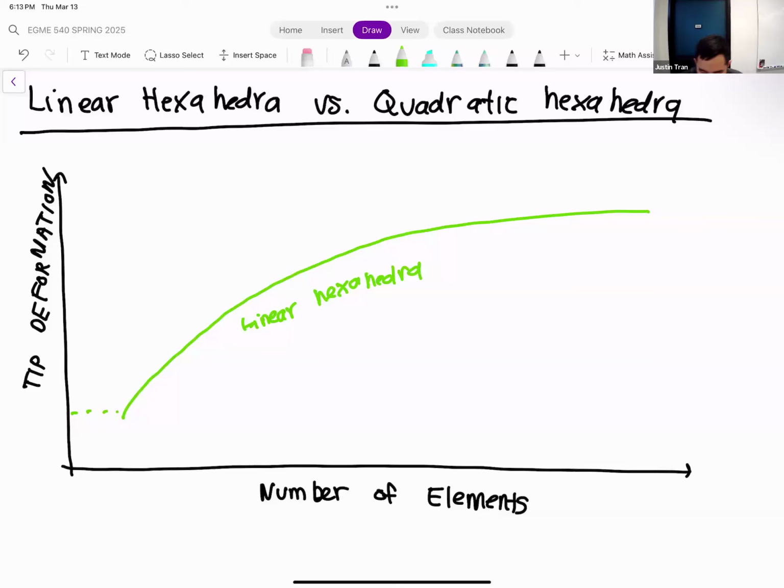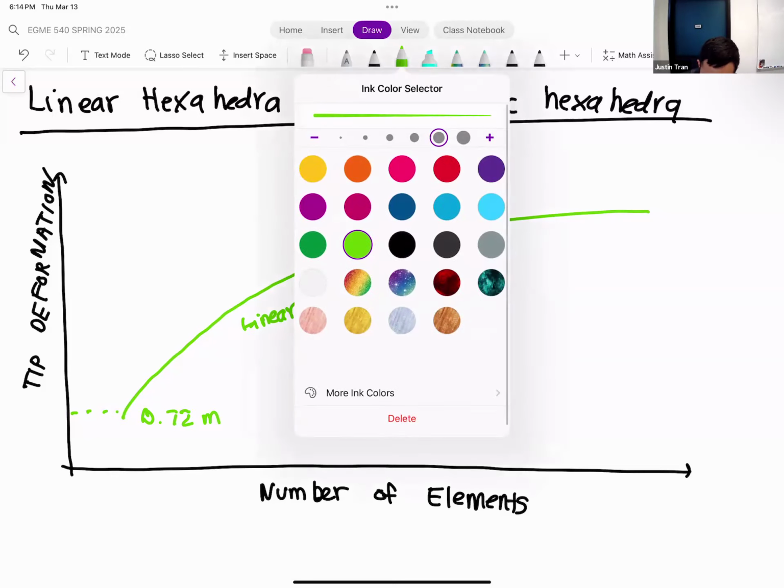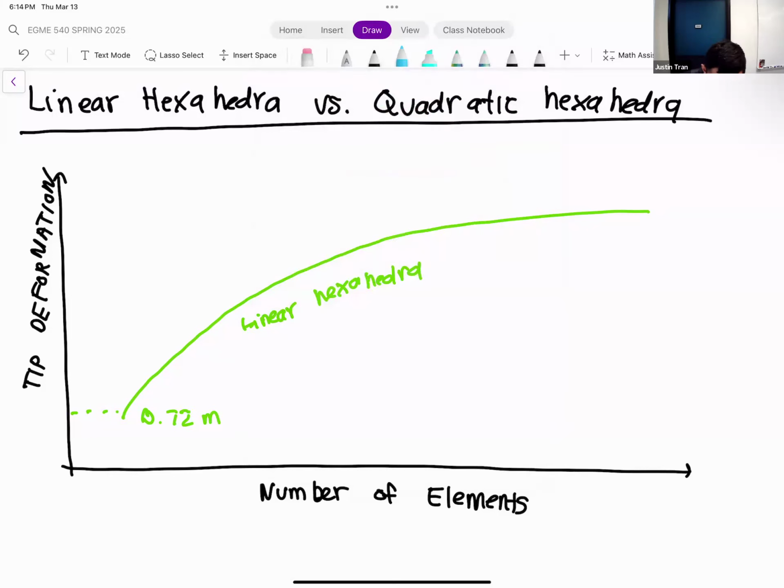And so the starting point for the linear hexahedra is about 0.72 millimeters. So a little bit worse than the quadratic tetrahedra, which makes sense because quadratic is really good for structural mechanics. Okay. And then if you draw the graph for the quadratic hexahedra, it converges much, much faster, as expected.